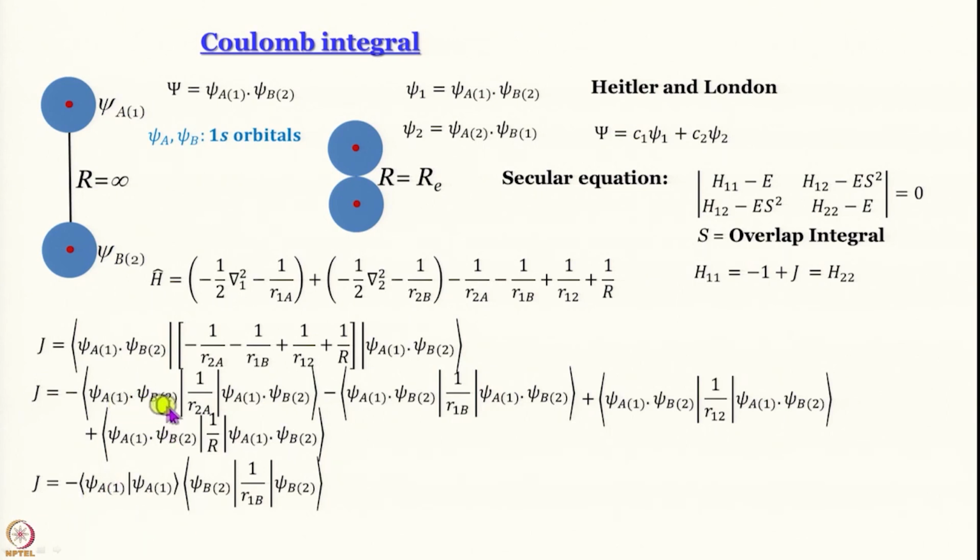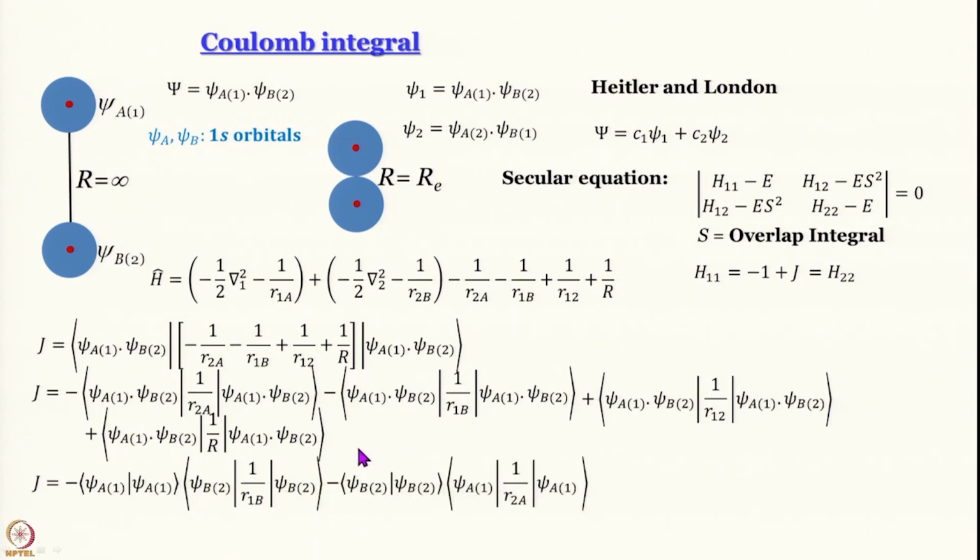This is a double integral and the two integrations are in terms of coordinates of 1 and 2. The integral in the coordinates of 2 would be the integral of psi B2 1 by R2B. I made a mistake somewhere here. I think I have written this first. This integral has been written first, sorry about that, right. This integral has been written first and then we have taken it out.